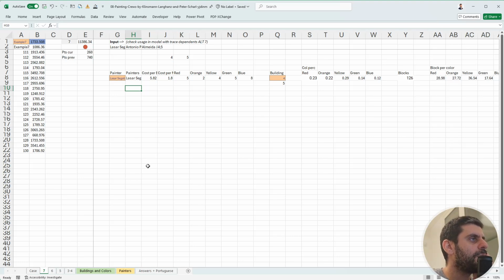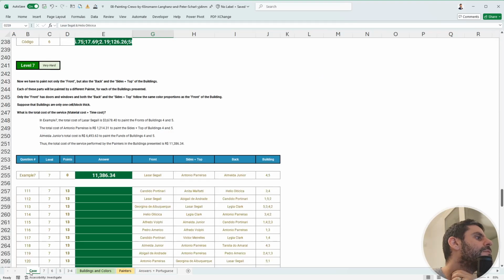Setup is not efficient at all. Front, sides, top and back.